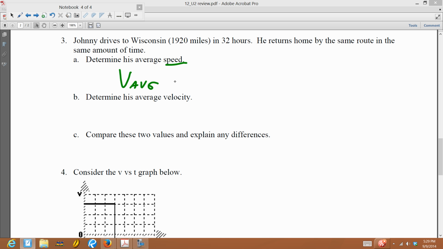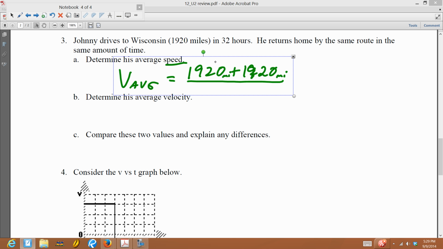Okay? And so I will just say, well, he went 1,920 miles up to Wisconsin. And then he went 1,920 miles back home. Put in some units. We don't like naked numbers. And then that took 32 hours plus 32 more hours.